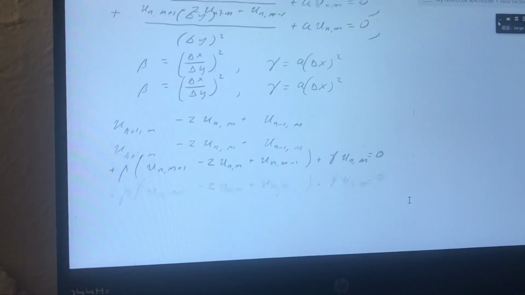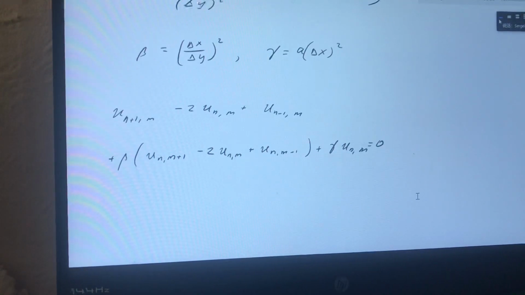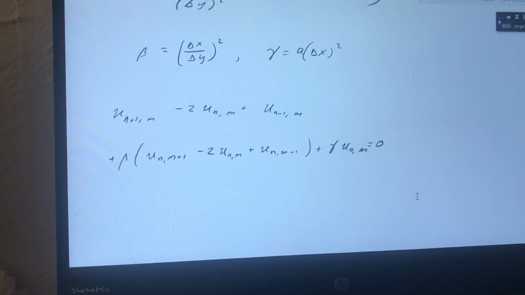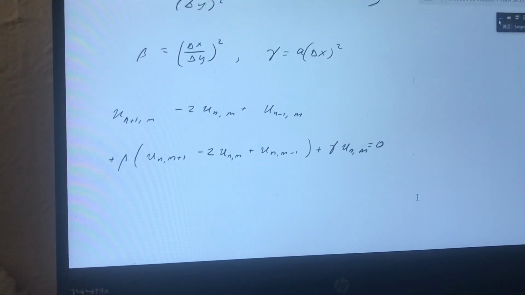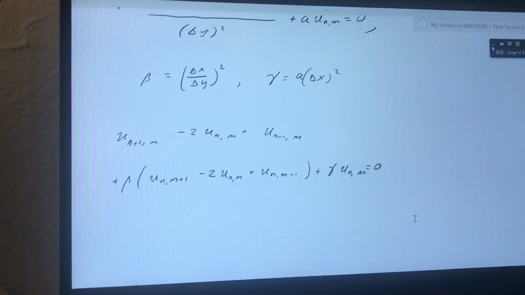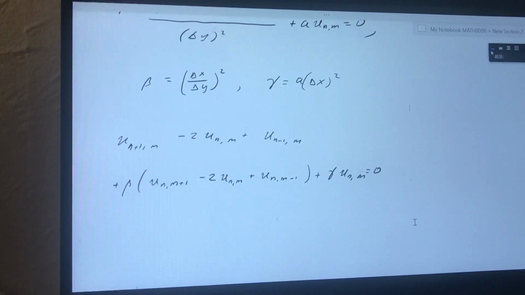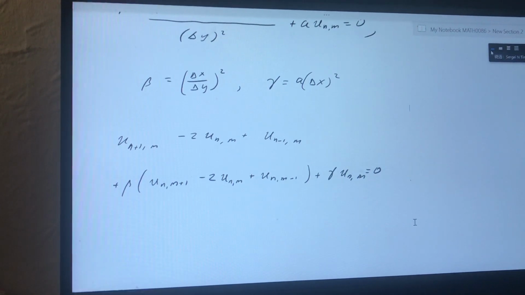Now, what you do next depends on how you are planning to solve this system of difference equations. And it's a huge system. As far as I remember, I did a video with filling in a matrix of the coefficients if you want to rewrite this entire system in vector form or in matrix form. Sometimes it is done if the matrix is not particularly large.